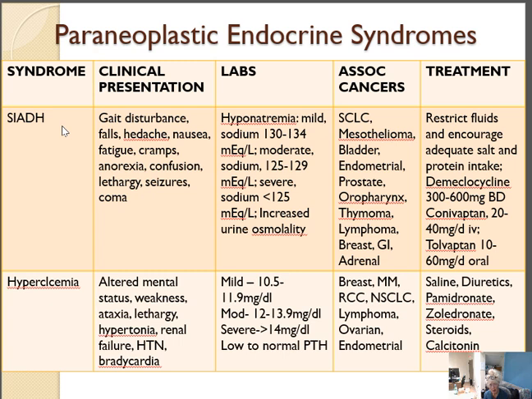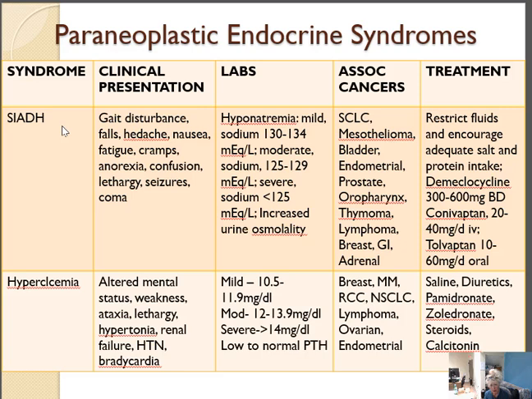You want to restrict the fluids, encourage enough salt and protein. Demeclocycline, conivaptan, and tolvaptan will help in relieving some of that excess water so that the body can eliminate it. Hypercalcemia will cause an altered mental status, weakness, ataxia, lethargy, hypertonia, renal failure, hypertension, and bradycardia.